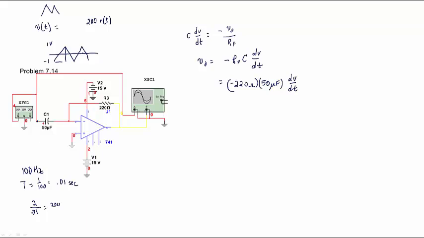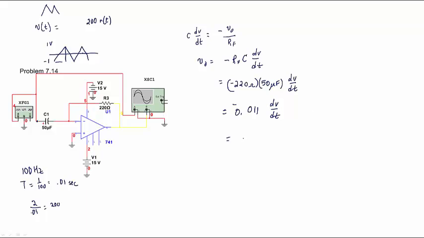and then dV/dt, which is a derivative of a ramp function, and a derivative of a ramp function is going to be a step function. So 220, I'm calculating that number right now. So that will equal 0.011 dV/dt. And dV/dt is the derivative of the ramp function.